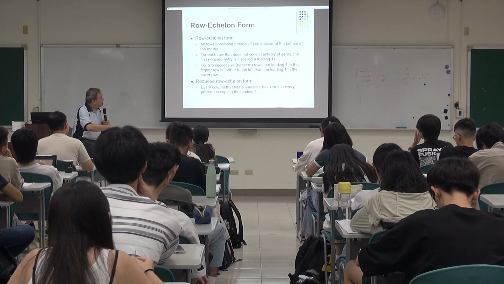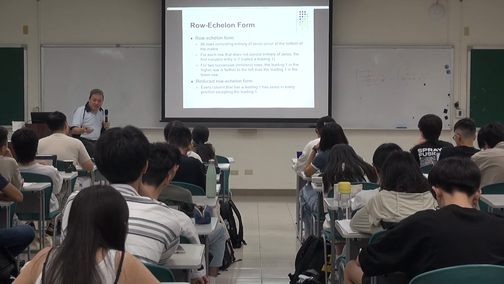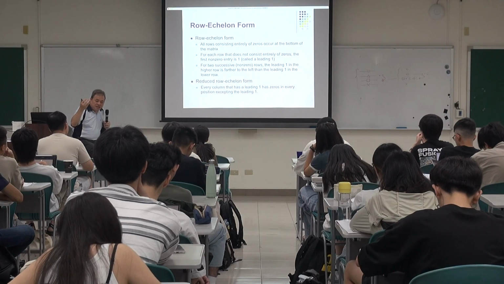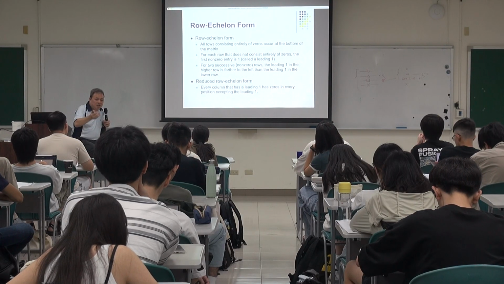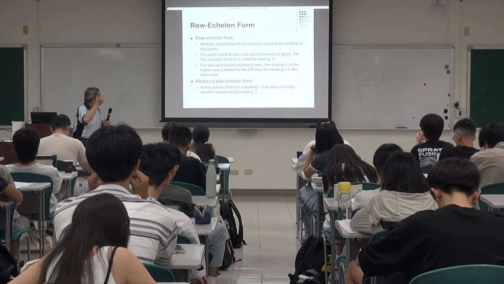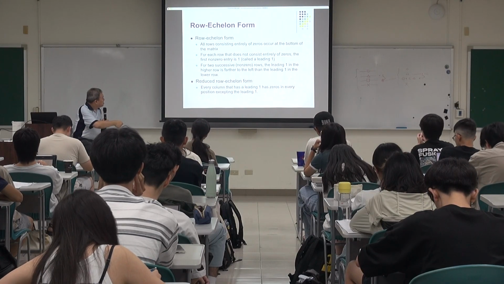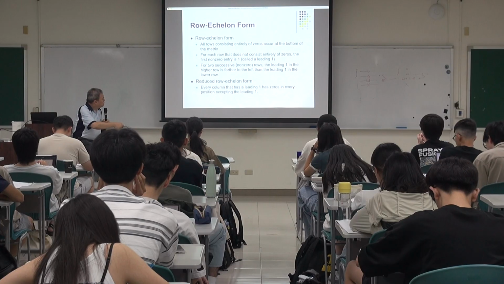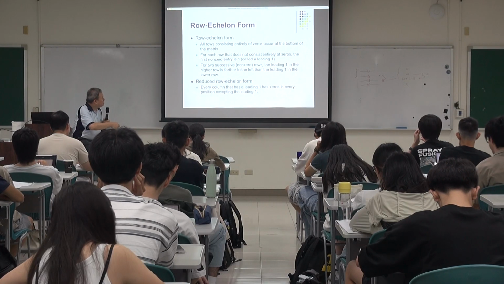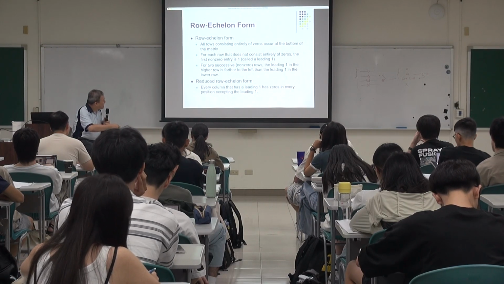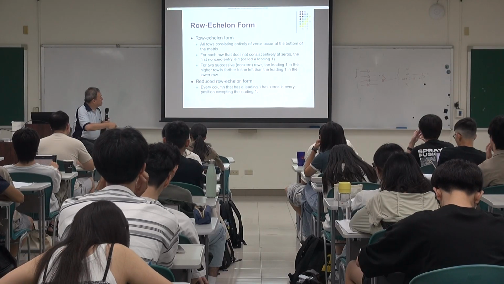That's the leading one, right? That's exactly the same as how we talk about row echelon form for the system of linear equations. So for two successive rows, the leading one in the higher row is further to the left than the leading one in the lower row.